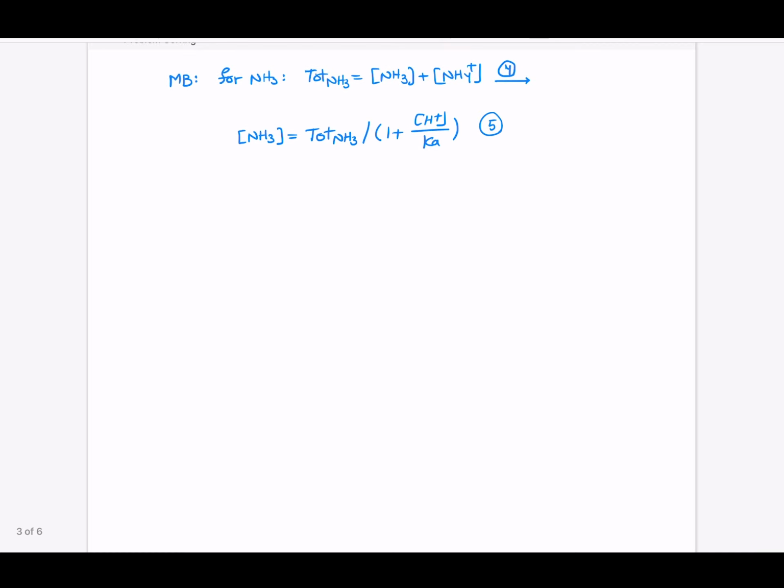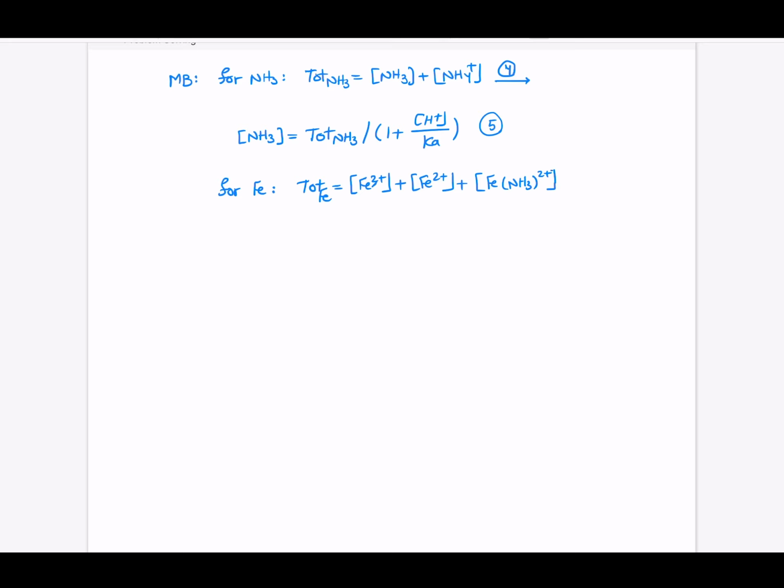So now let's do also the mass balance for iron. The total dissolved iron would be iron 3 plus, iron 2 plus, plus the complex with ammonia.